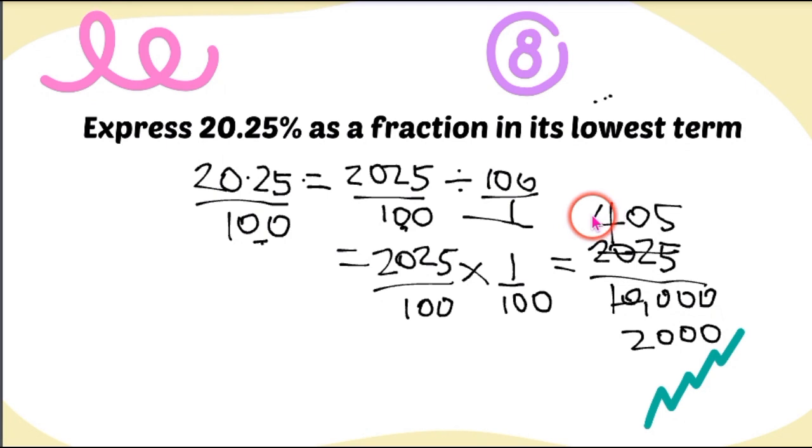So I'm going to use 5 again. 5 here is 81, and 5 here is 400. So that is my final answer. No other factor can actually divide both numerator and denominator. So you have my answer as 81 over 400.